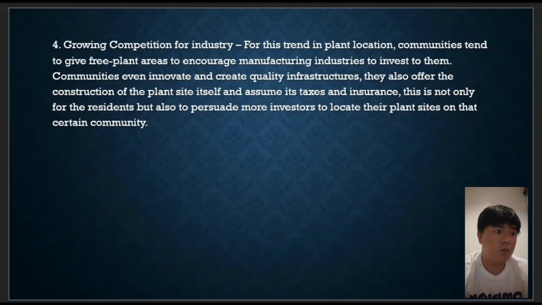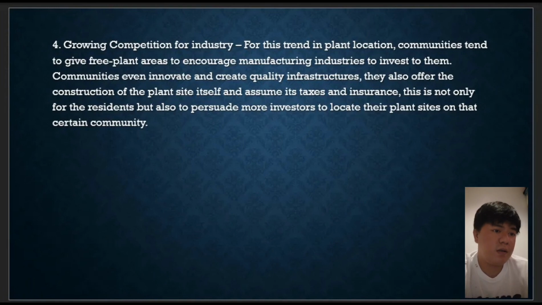Number four is a growing competition for industry. For this trend in plant location, communities tend to give free plant areas to encourage manufacturing industry to invest in them.